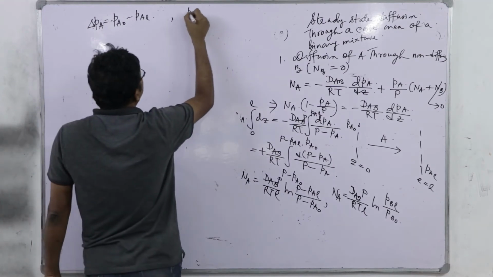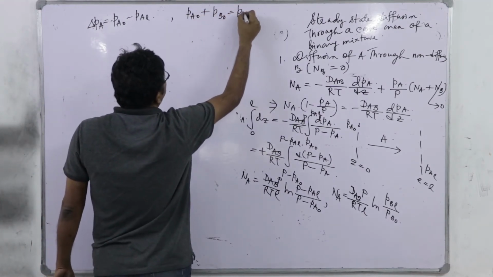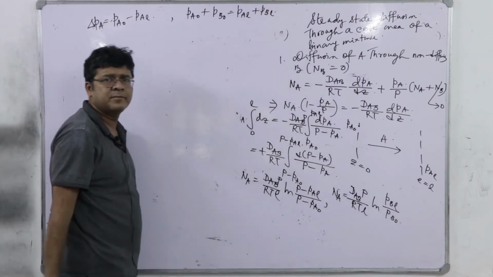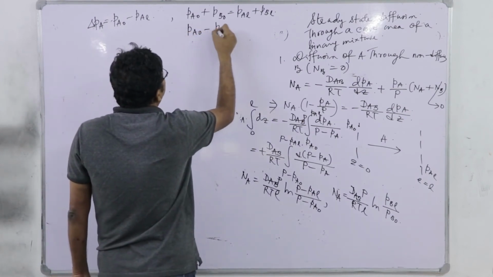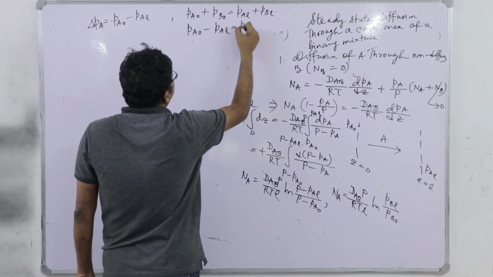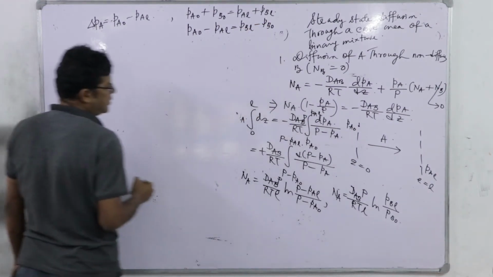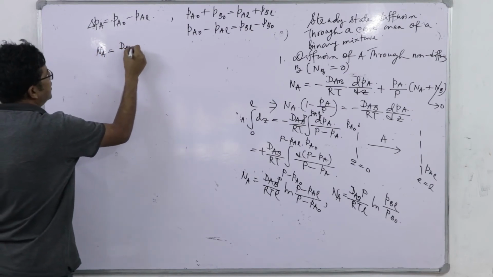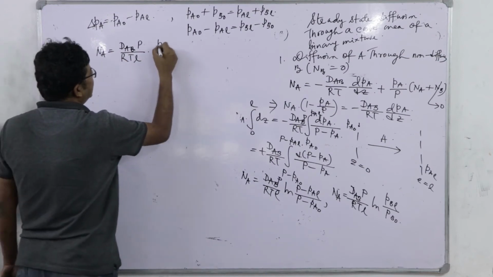Now, you see PA naught plus PB naught is equal to PAL plus PBL. So, PA naught minus PAL is equal to PBL minus PB naught. So, what we can write, Na is equal to dAB into P by RTL.